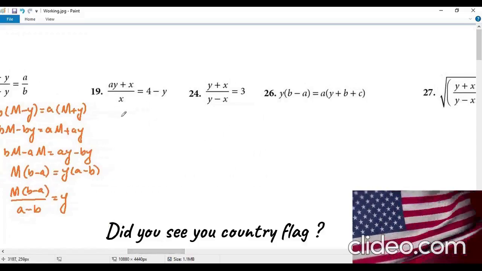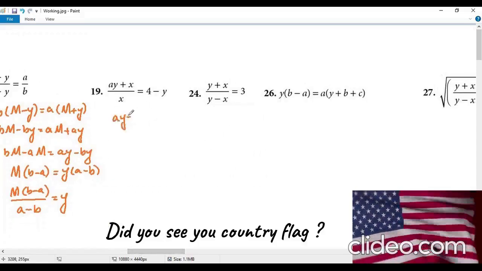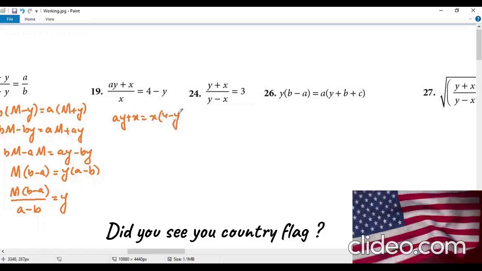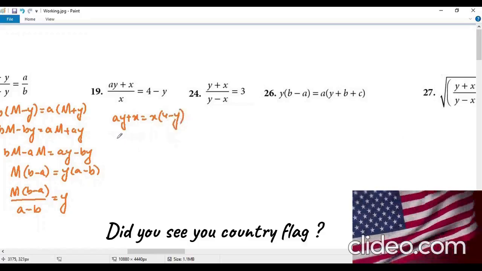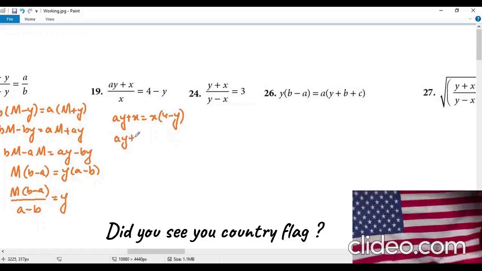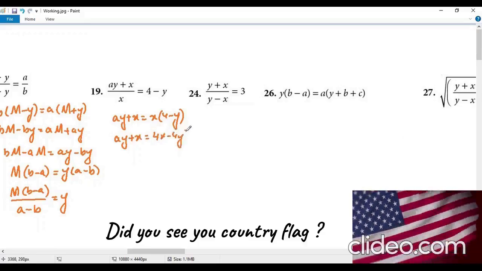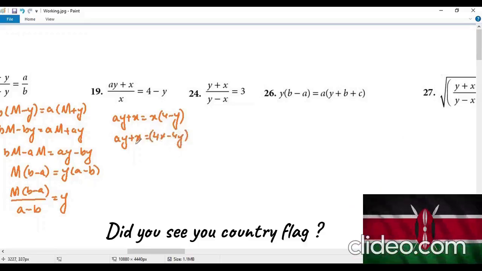Now in here it is ay plus x equals x will be multiplied by 4 minus y. That means we are going to multiply ay plus ax, and here you will have 4x minus 4y. Bracket is not needed actually, and ay plus 4y minus 4y will go the other side and becomes a plus 4y, and 4x minus x plus x will go the other side and becomes minus x.